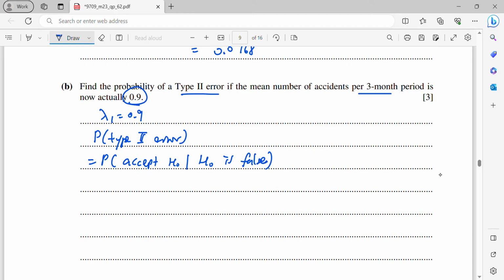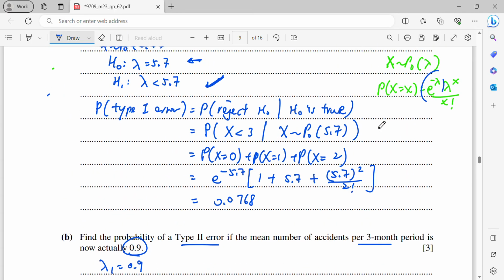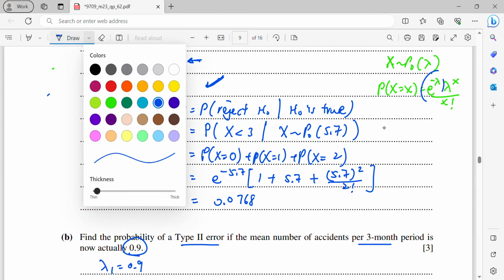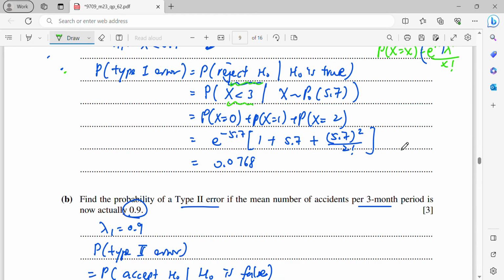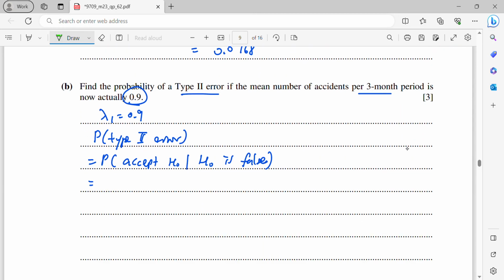From the previous calculation, we know that we reject H0 when x is less than 3. So accepting H0 means 3 onwards for the x values. So here I will write P(X at least 3).